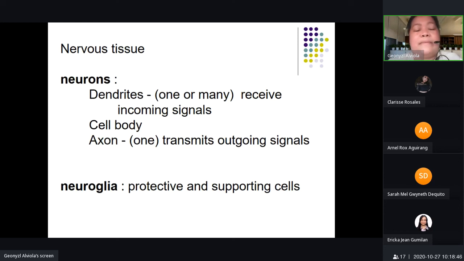So, if you want to imagine that, imagine a flower with one stem and a root. The flower will serve as the cell body. The axon is like the stem, and the dendrites are the roots of the flower. Neuroglia is the protective and supporting cells of the nervous tissue.